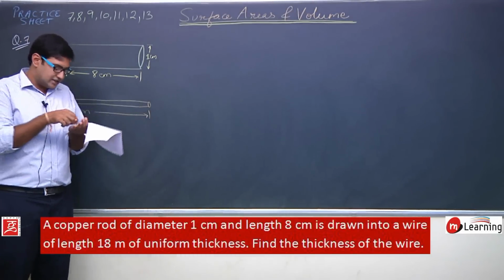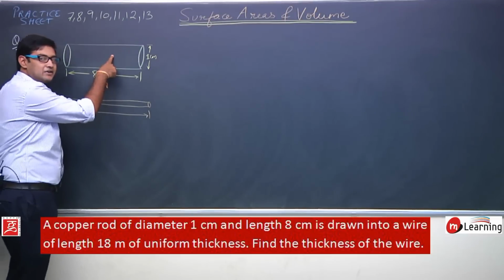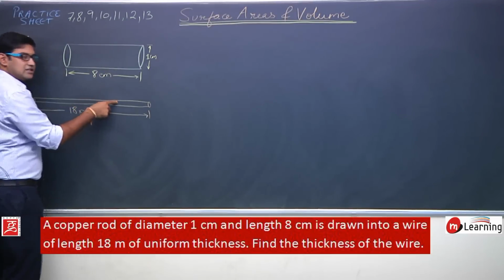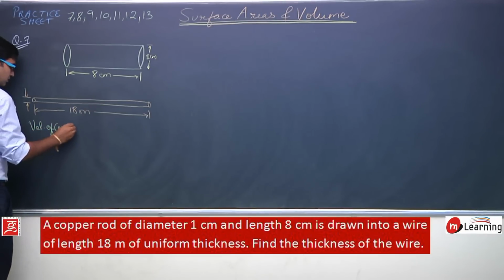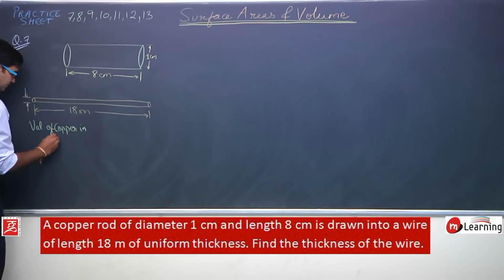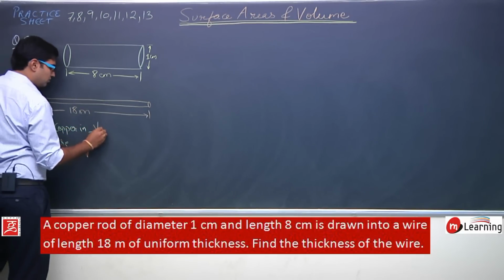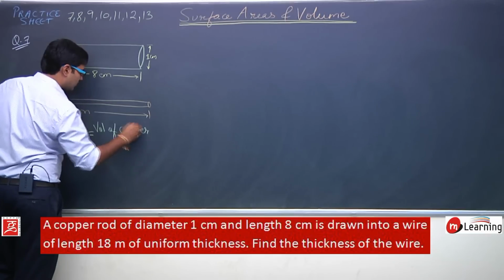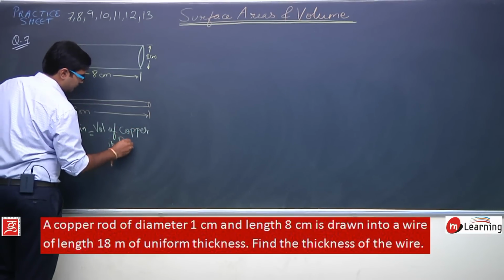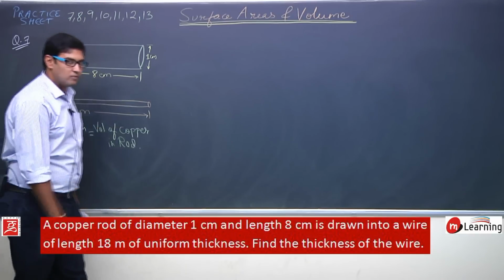Okay, so the condition is that since all the copper contained in this rod is used to make this wire, the volume of copper in wire is equal to the volume of copper in rod.